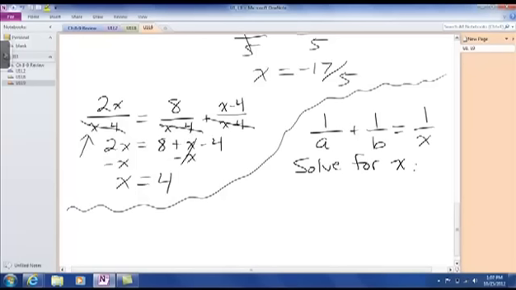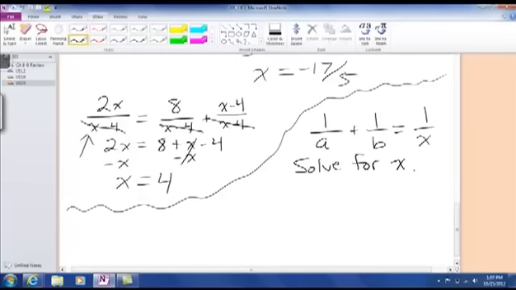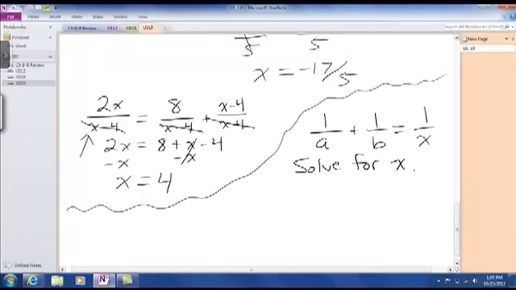Okay, let me switch colors here, because I like switching colors every now and then. Mix it up. Okay. Well, my first step is to get x out of the denominator. So let me multiply by x. Now think about it this way. I'm going to put this side in parentheses. I'm going to multiply the whole thing by x, because I'm doing the same thing to both sides of the equation.